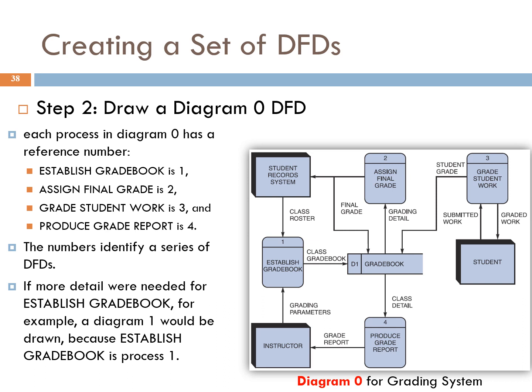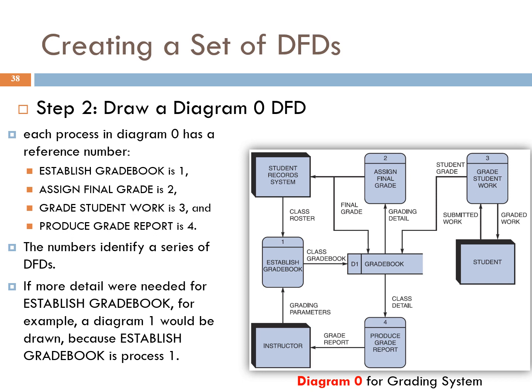When we are drawing diagram 0, each process in diagram 0 has a reference number. So these are smaller processes. You zoom into process 0, so you get more processes.